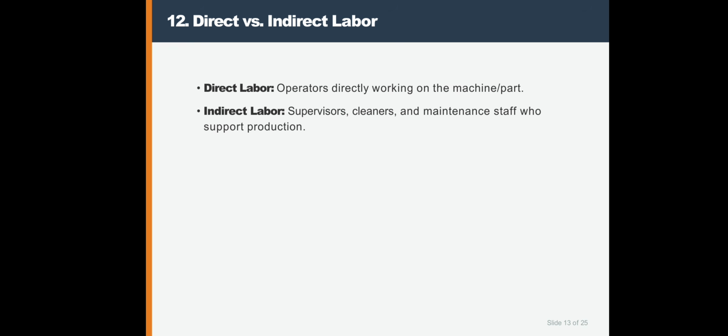The indirect expenses are those which cannot be charged directly to a particular product manufactured. The indirect expenses or overheads are classified into factory expenses, administrative expenses, selling expenses, and distribution expenses.